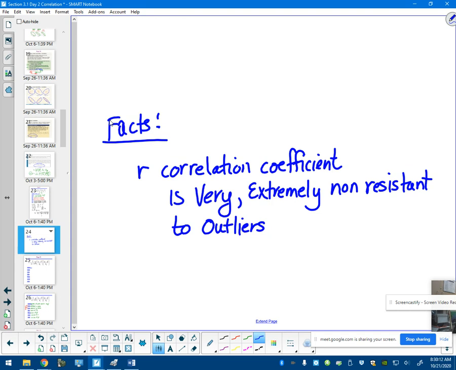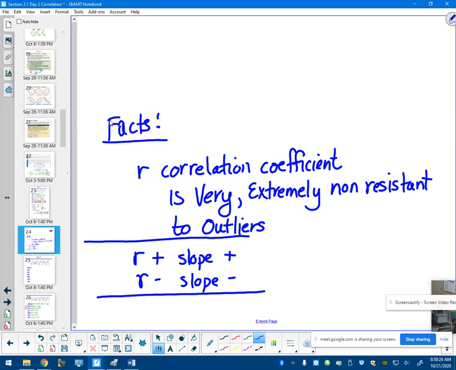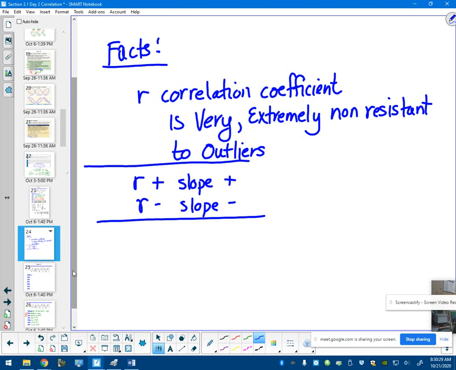All right. If r is positive, the slope of our line will be positive. If r is negative, the slope will be negative. And r is used in other calculations. r is used to calculate r squared, which is called the coefficient of determination, which I think you took notes on, or will be taking notes on tonight if you haven't finished.